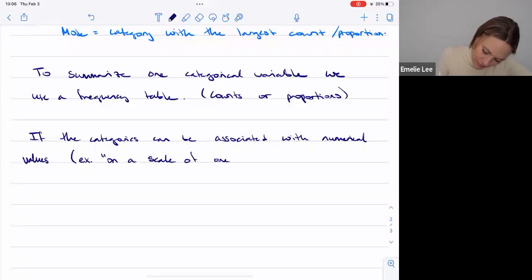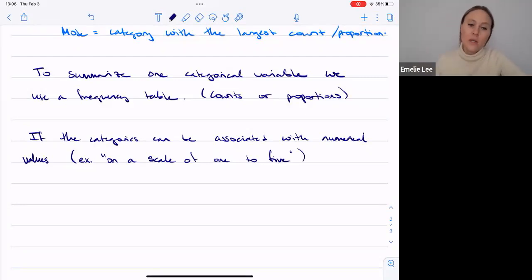Those are categories, that's a categorical variable, but now I have these numerical values that I can associate with a category.